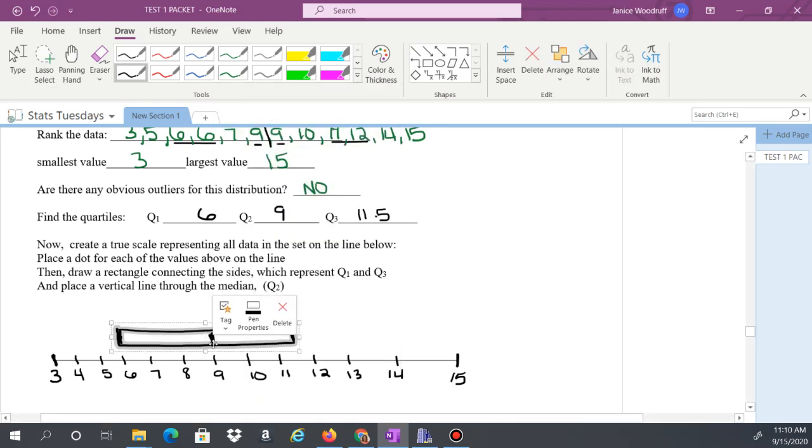There we go. All right, so there's your box. And then you're going to draw a line from the box to the smallest value, and then another line to your largest value. And that's a box and whisker plot.